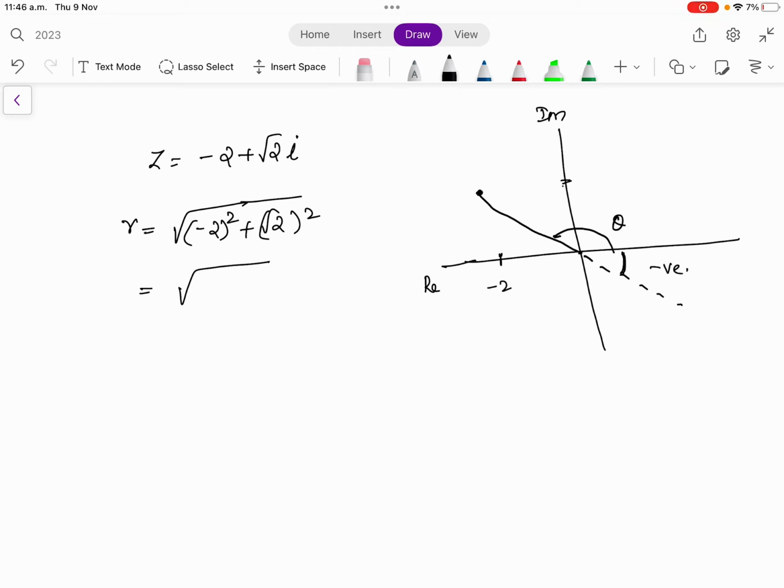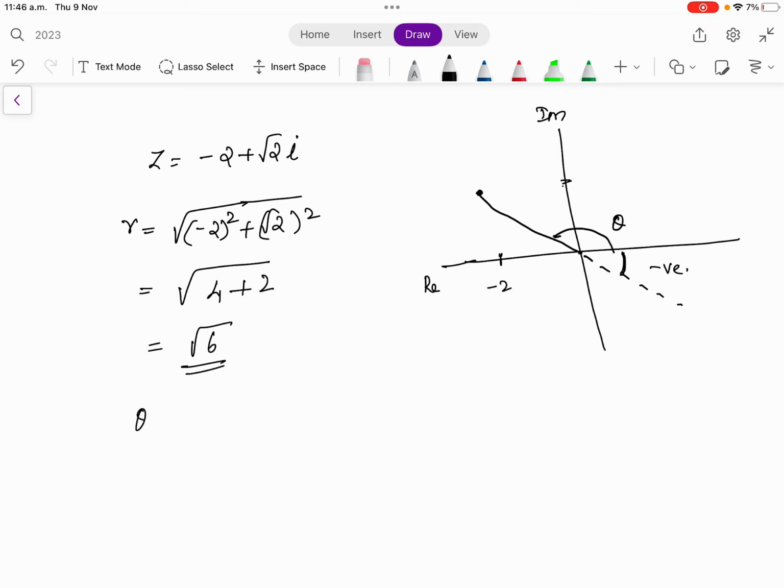It is minus 2 square plus square root of 2 square. Yeah, okay. So minus 2 square is 4, correct. 4 plus 2, which is equal to 6. I'm sorry about that. So it is square root of 6.